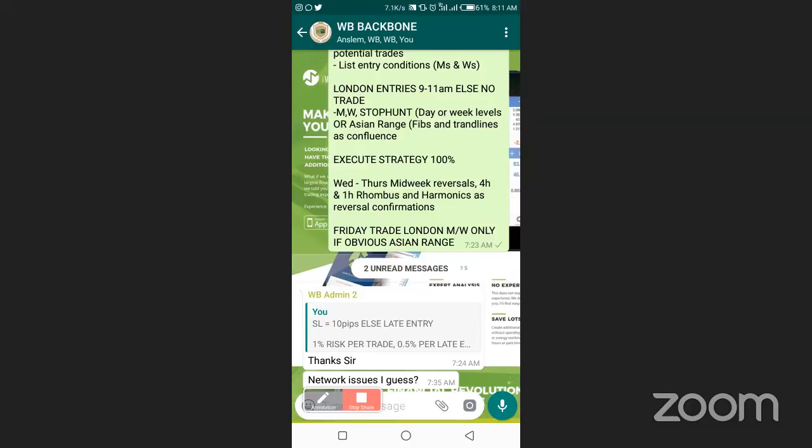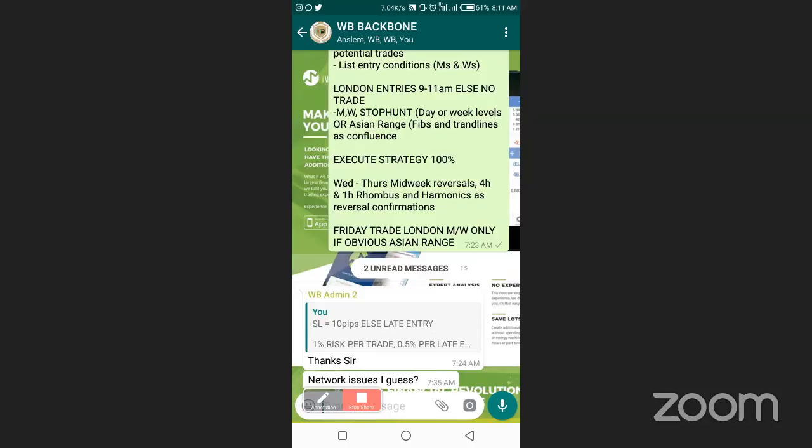I'll explain the Asian range, but I think you guys should understand what it is. There's a consolidation and you either go to the top of the consolidation or the bottom, or you false break that consolidation, and you have a double bottom or a double top, right? So sometimes it's a line we're looking at, sometimes it's a small range, with trend lines and all of that confluence, right?